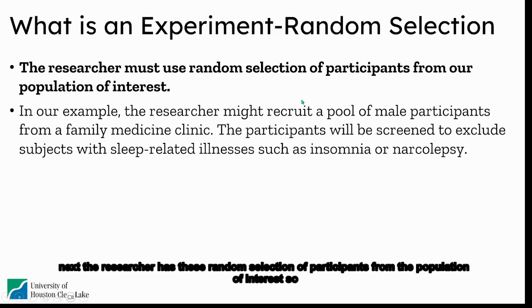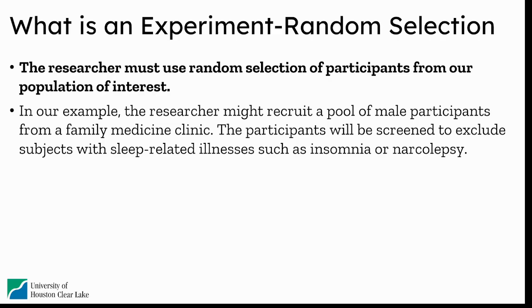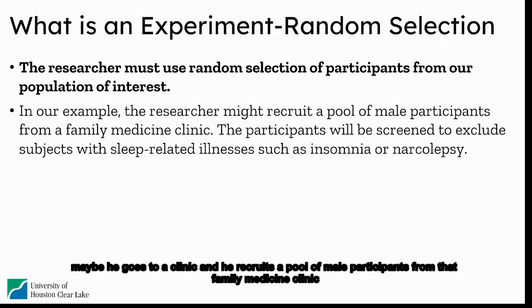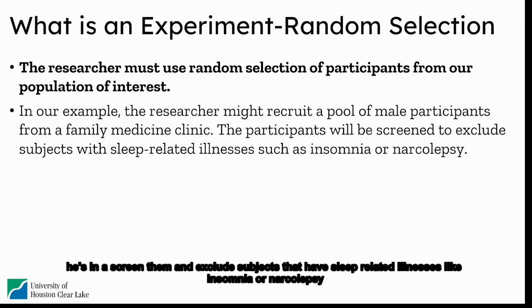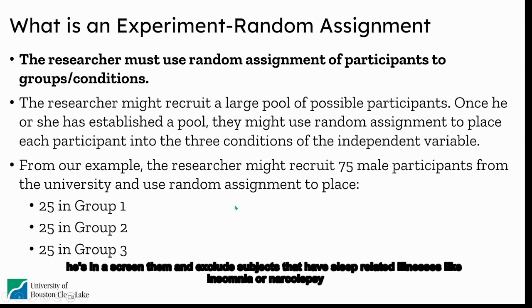Next, the researcher has to use random selection of participants from the population of interest. So maybe he goes to a clinic and he recruits a pool of male participants from that family medicine clinic. He's going to screen them and exclude subjects that have sleep-related illnesses like insomnia or narcolepsy. And then that researcher is going to use random assignment to put those participants in groups or conditions.